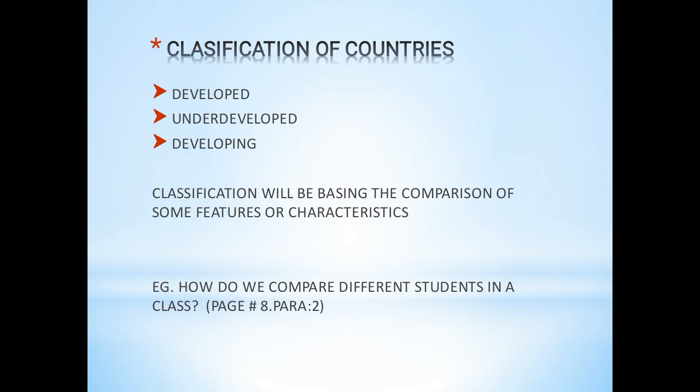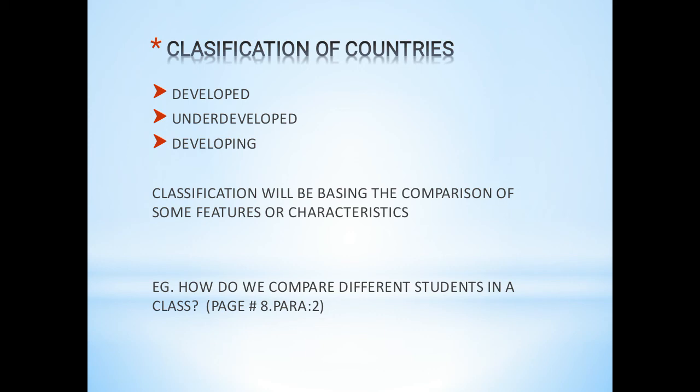We say he is tall, he is short, he is dark, he is fair, or this student is very intelligent in doing math, or the child is poor in math, or this child is very skillful in craft work. We may say another child is very good in drawing, painting, etc. Right? So this classification compares two people or groups of people by their characteristic features.